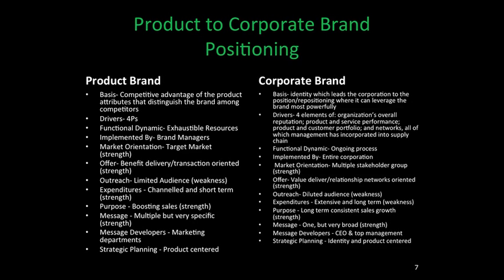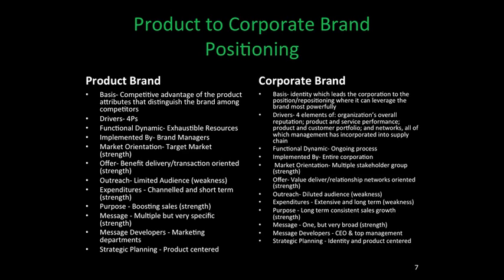So what's the difference from product to corporate brand positioning? Well, from a product perspective, the basis is the competitive advantage of the product, the attributes that distinguish the brand among the competitors. In the corporate perspective, identity is the important factor, and it leads the corporation to a position or repositioning where it can leverage that brand into its most powerful means.